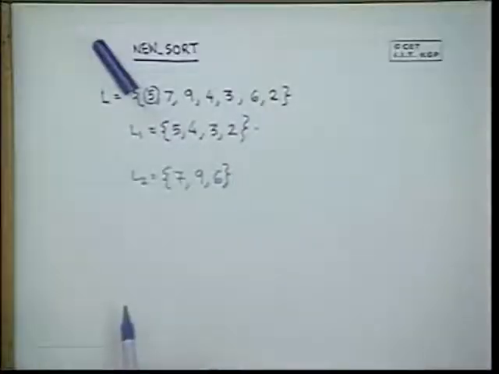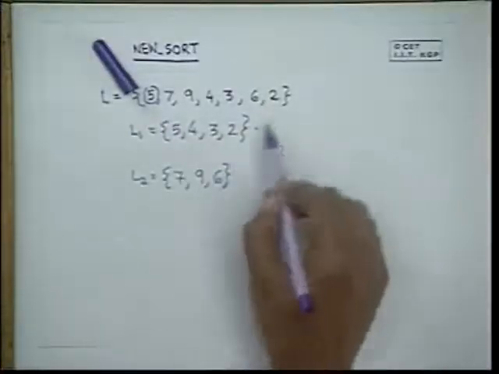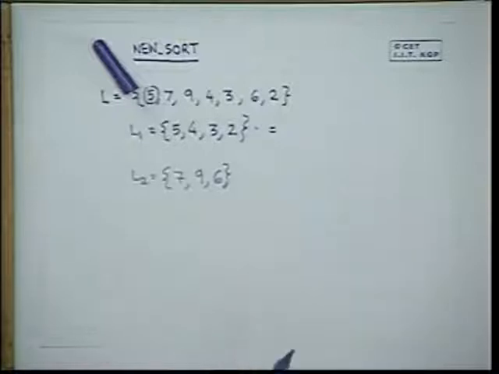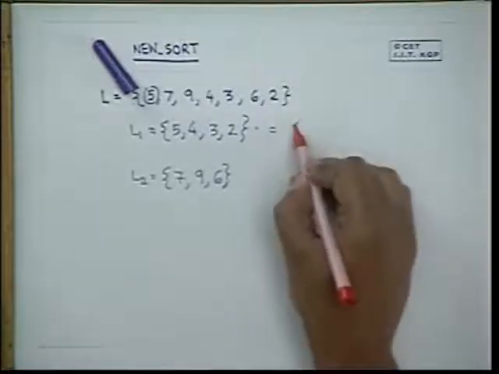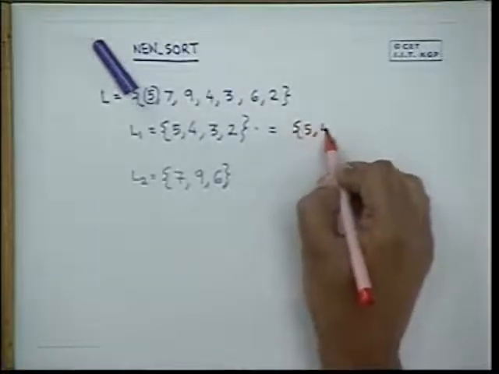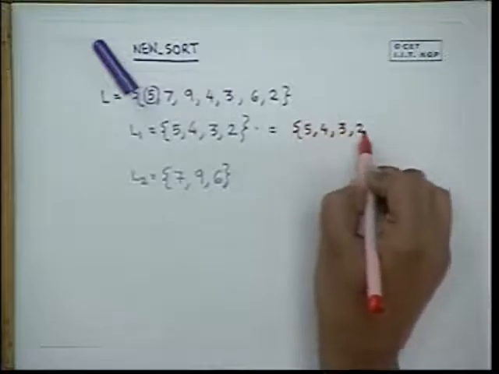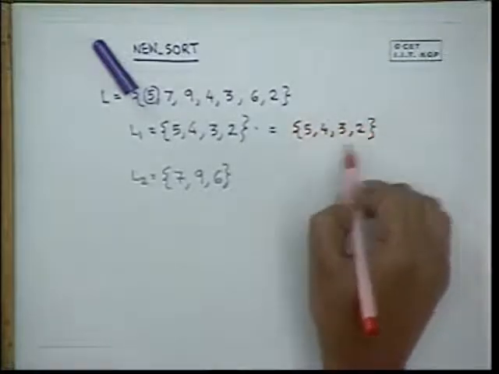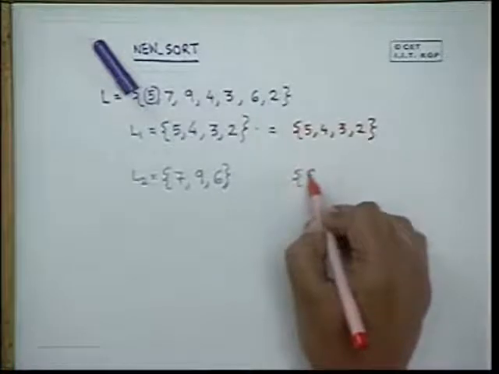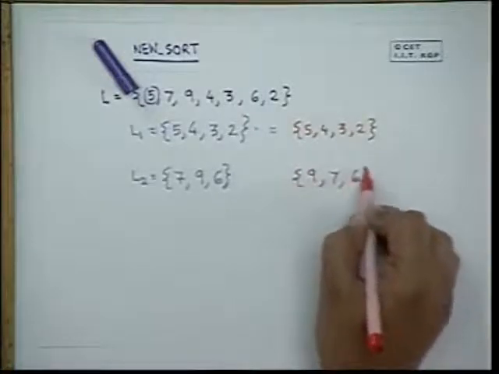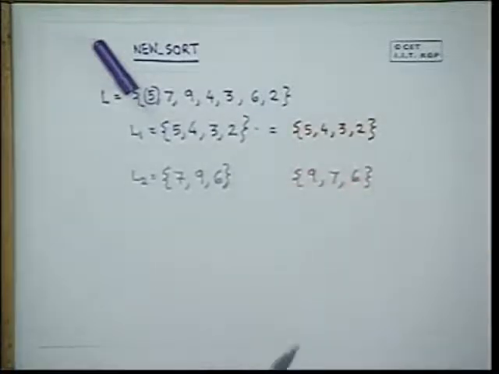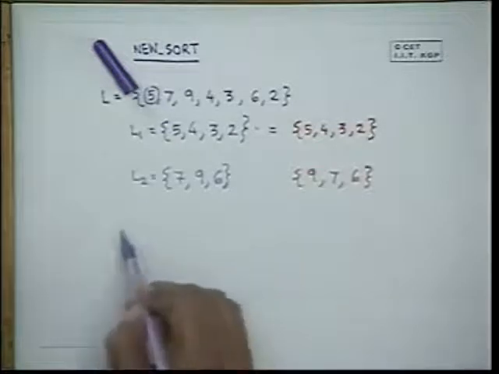Now can anyone tell me what to do after we have done this? Sort this, sort this. So after you have sorted this, and after you have sorted this, how will you find the result?